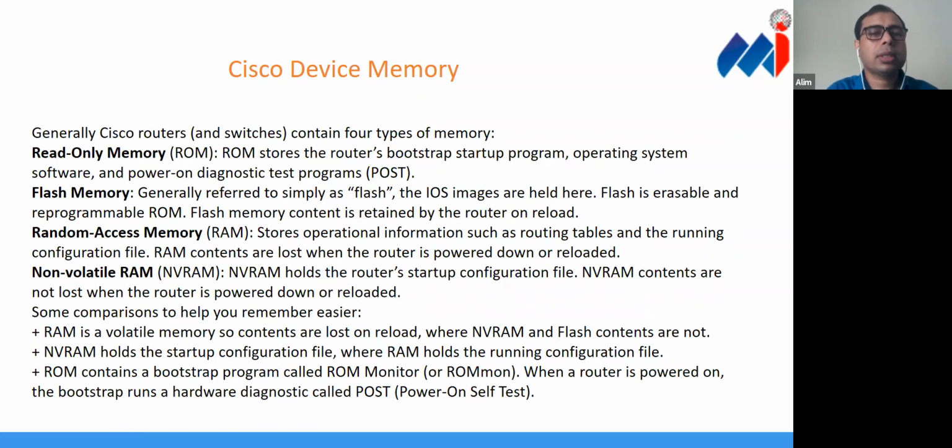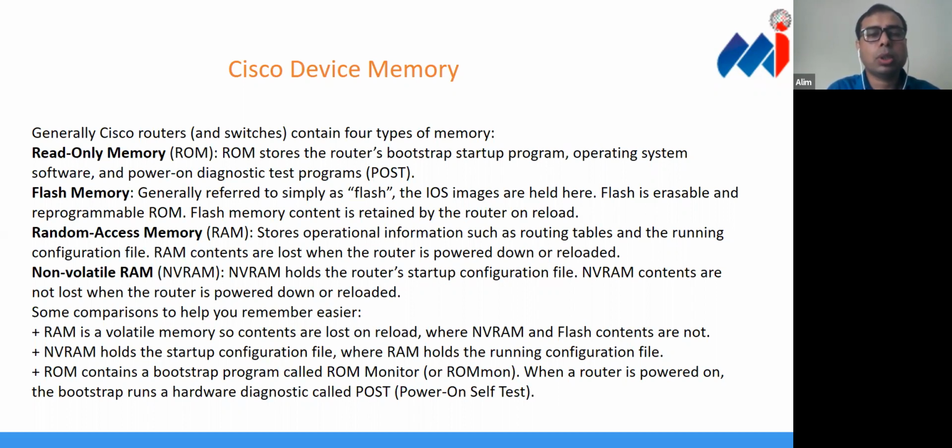Cisco devices have some memory. You know, it has RAM, it has ROM, it has flash memory, and non-volatile memory. RAM is used in a similar way as in a computer because it is also a computer, a customized computer.